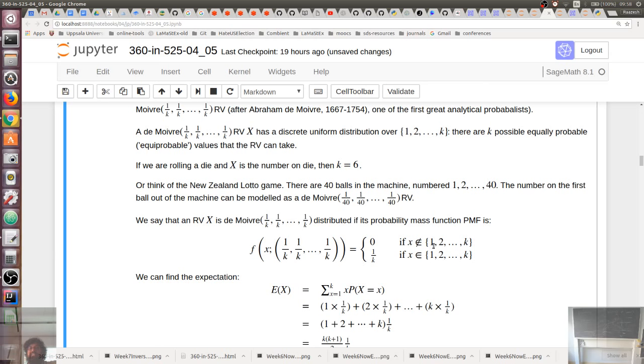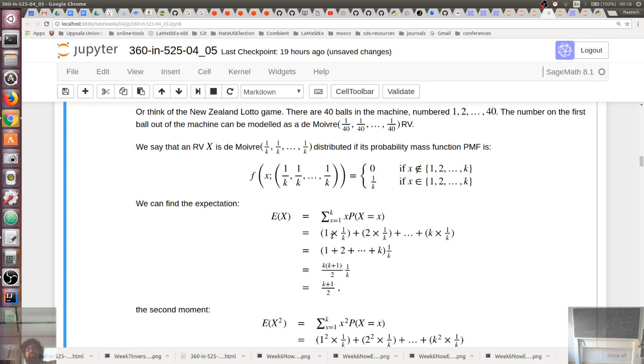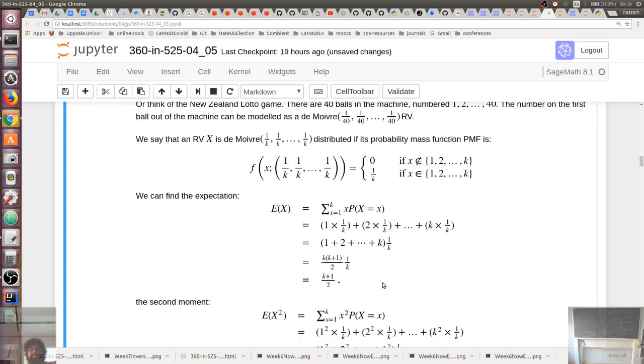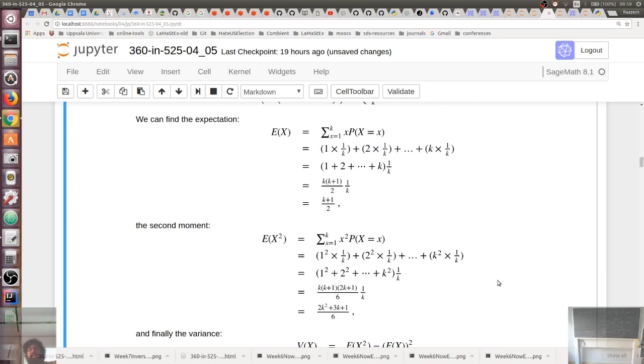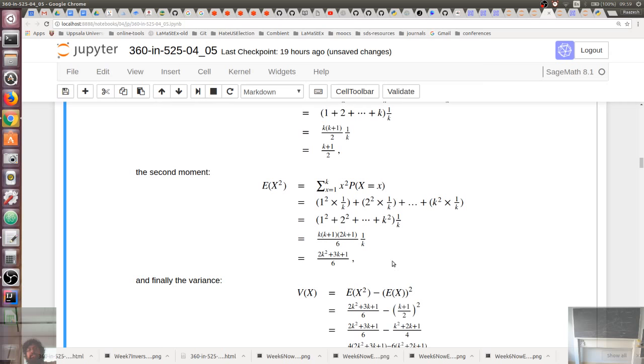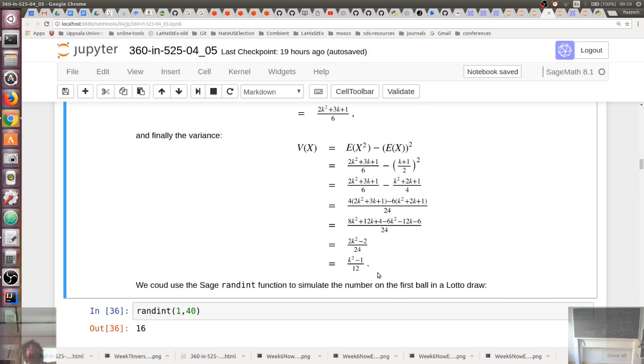So it's 0 if x is not one of these values, 1, 2, 3 up to k, because that's how I'm painting my dice. And it's 1 over k if x is one of these values. That's all it is. The expectation, you just march through the sum, and it's (k plus 1) over 2. The expectation of x squared, marching again, is (2k squared plus 3k plus 1) over 6. And then the variance is (k squared minus 1) over 12.